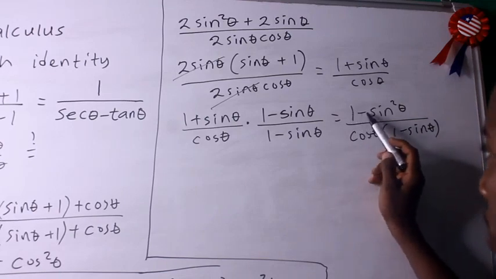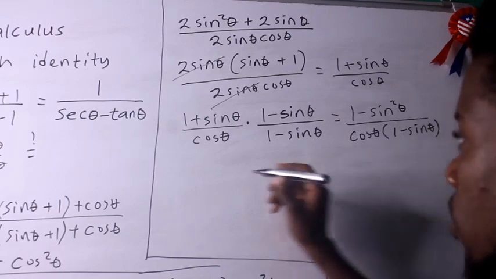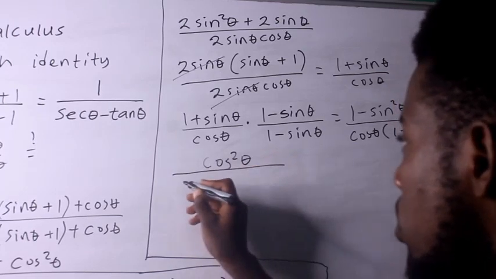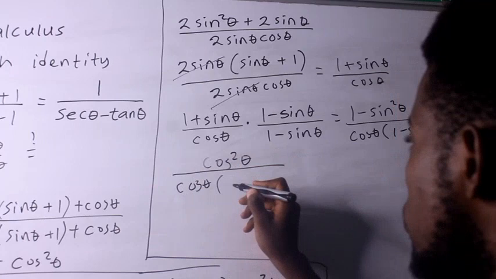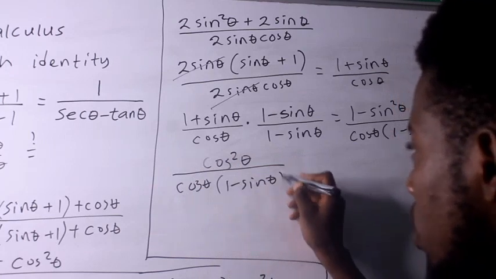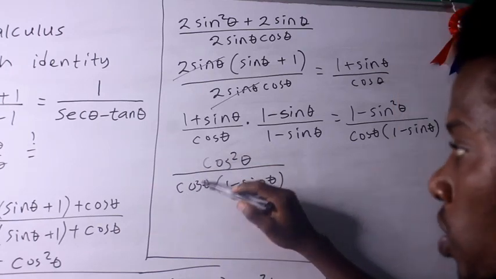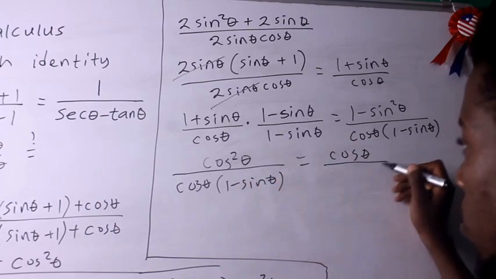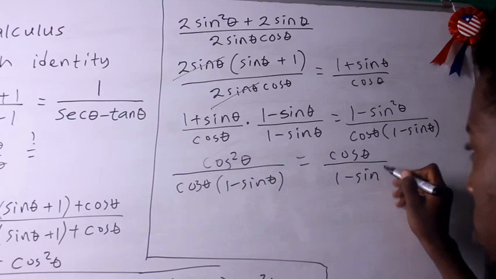So what is 1 minus sin square theta? That's obviously cos square theta, all divided by cos theta times 1 minus sin theta. We can reduce cos theta and cos square theta. So it's cos theta, all divided by 1 minus sin theta.